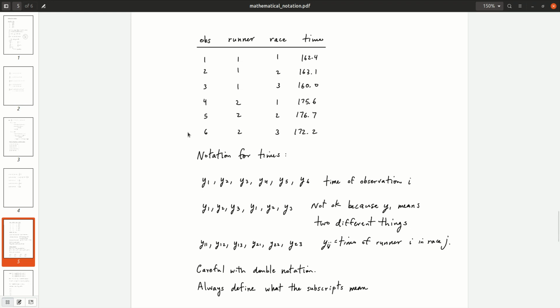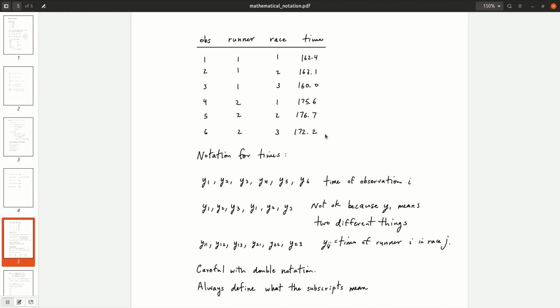All right, now I want to talk about what notation we're going to use for the marathon times, which we denoted as y before, specifically y sub i before. There's more than one way of doing this, so I'm going to give you 2 ways. But what I want you to keep in mind is that neither is right.